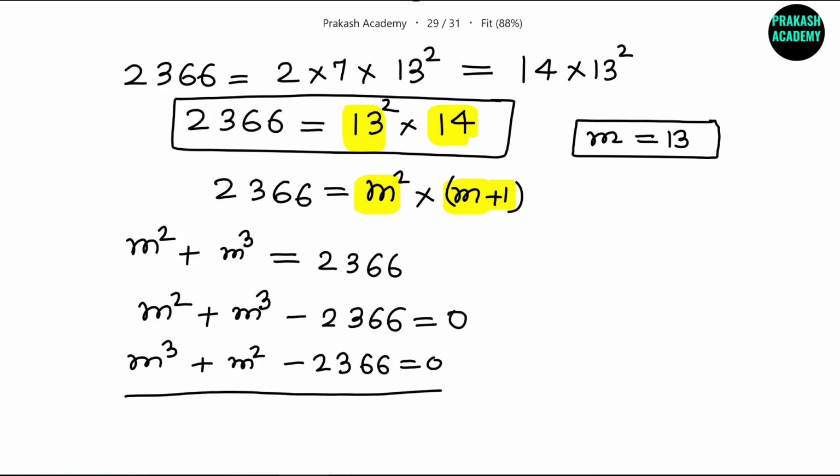So for this cubic equation, 13 is a root. This means m minus 13 is one factor.